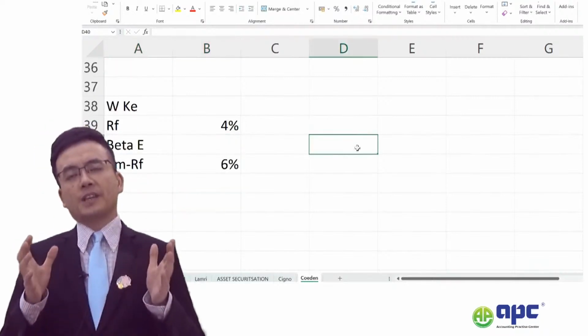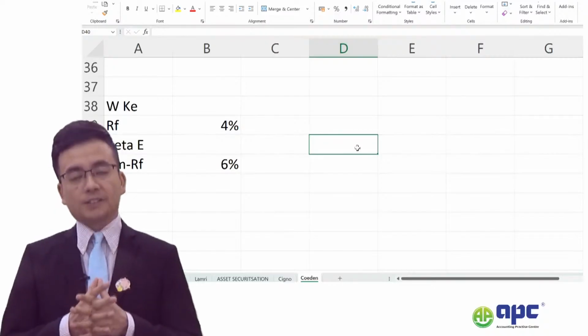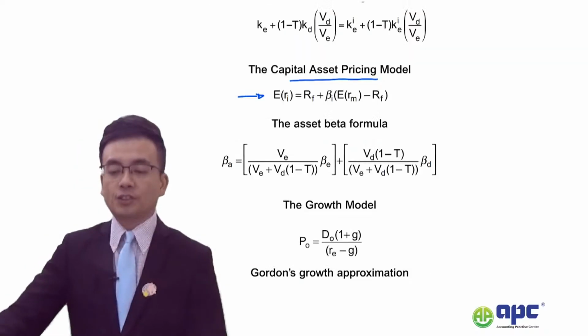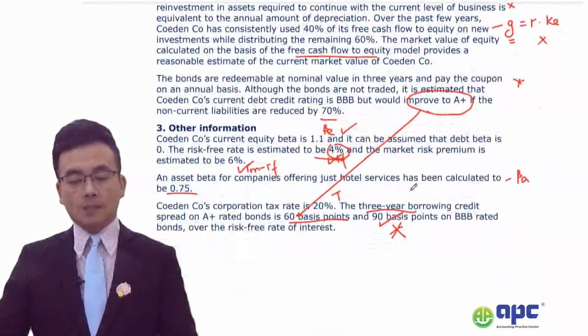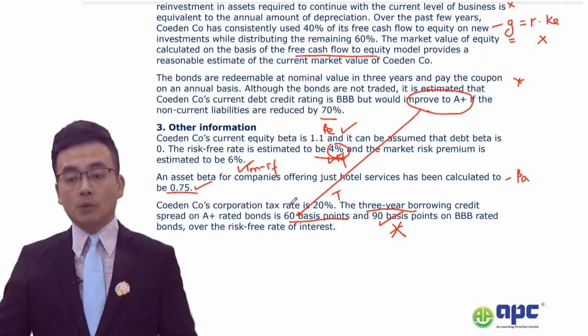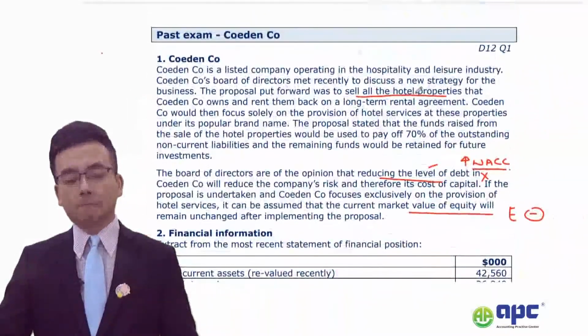Now, to calculate the equity beta value, it's important that we read through the question again: the current asset beta, but only focusing on services, is 0.75, but we get rid of all the hotel properties.